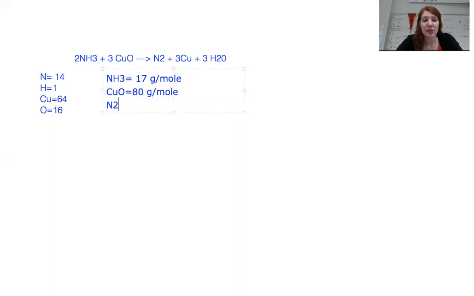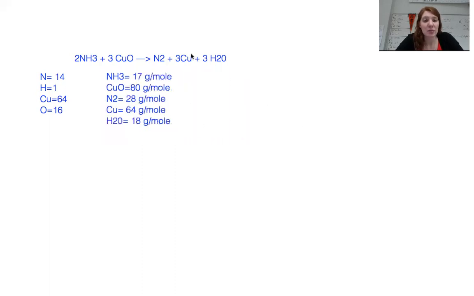For nitrogen, it is 28 grams per mole. We could put copper in here, but it's the exact same as the original. It's just the element, so it's the same. Water is 18 grams per mole. Okay, so we've got all that written down.